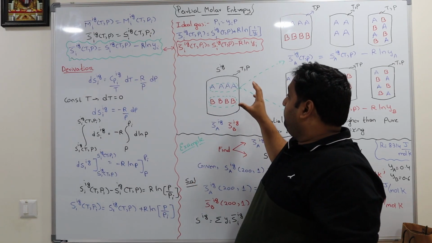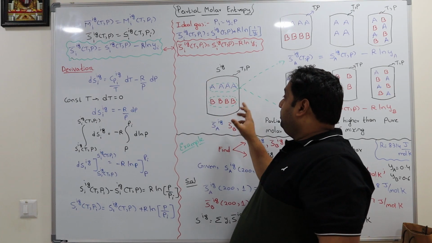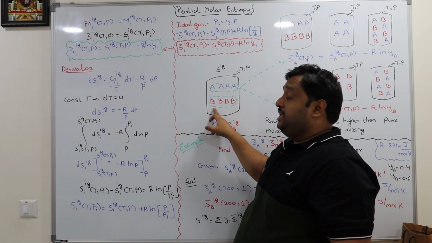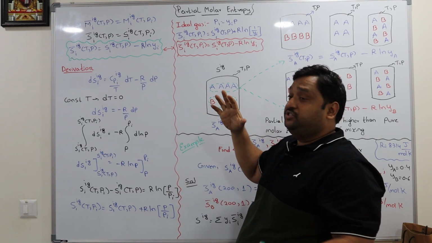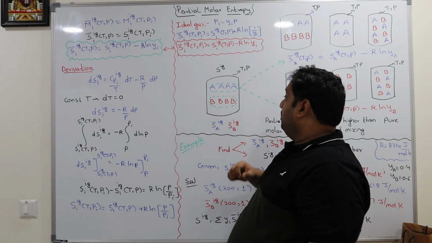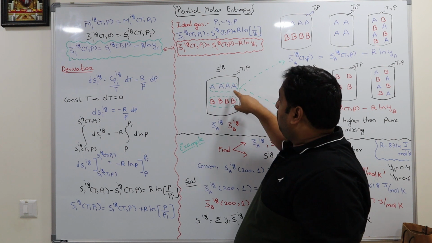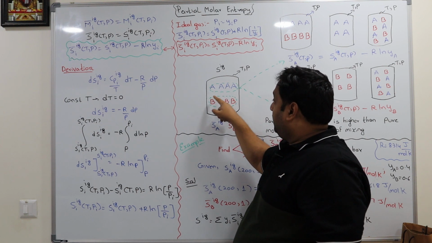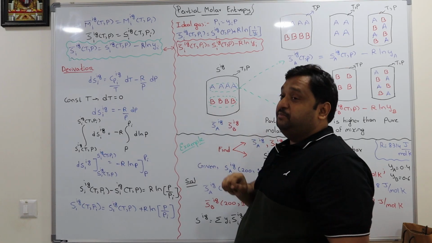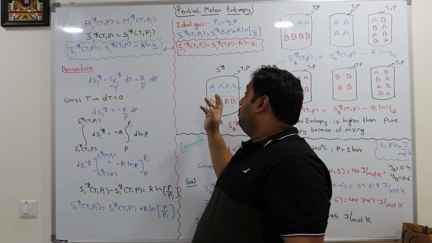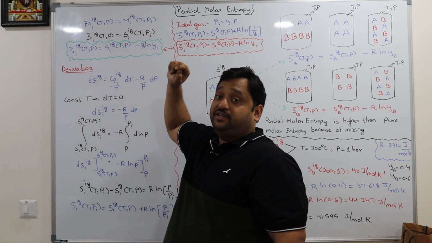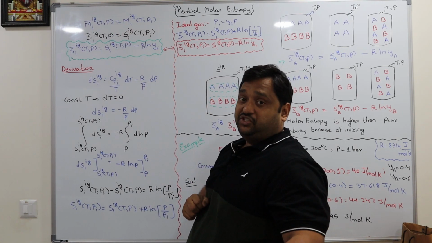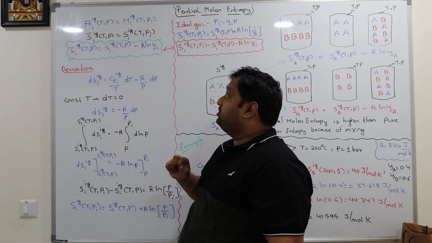That means, imagine I am finding the entropy of A in a mixture where A and B constitute one mixture. I need to find the partial entropy of A in this mixture and the partial entropy of B in the mixture. So let us apply the Gibbs theorem to find the partial entropy of A in this mixture.